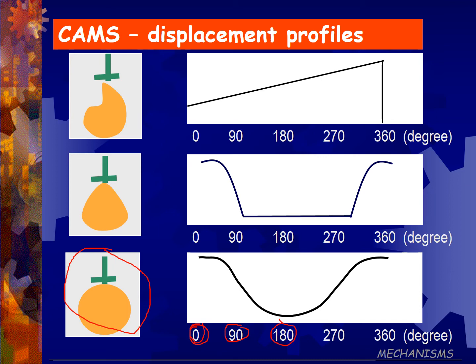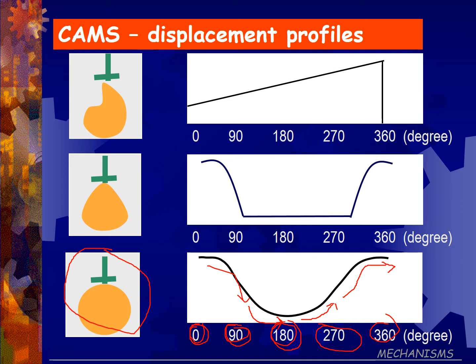When this cam turns to 90 degrees, it starts to drop down. When it turns further to 180 degrees, it drops further. You will only start to move up when it goes beyond 180 degrees towards 270 degrees and towards 360 degrees of the cam turning. So we can notice that the follower on this cam does not stop moving. It is always constantly moving.